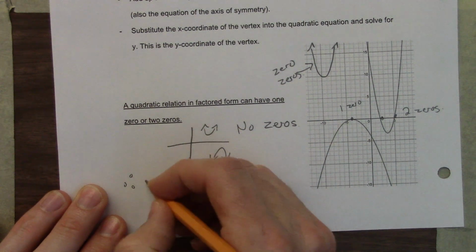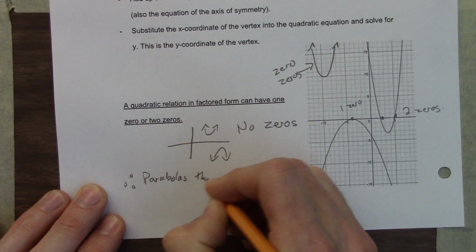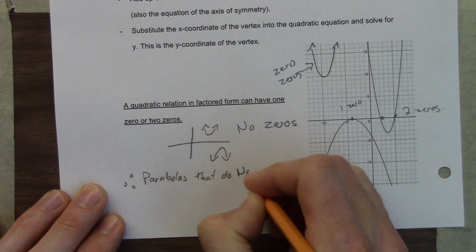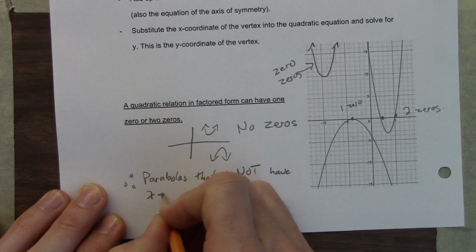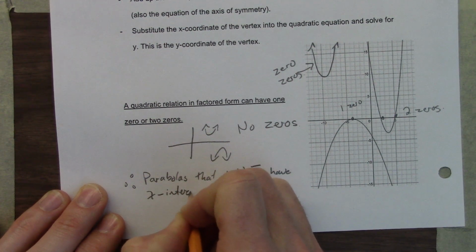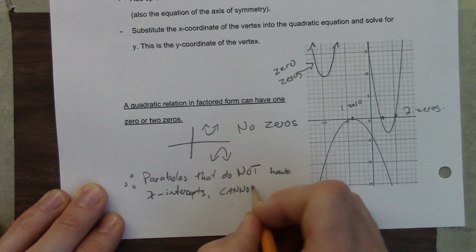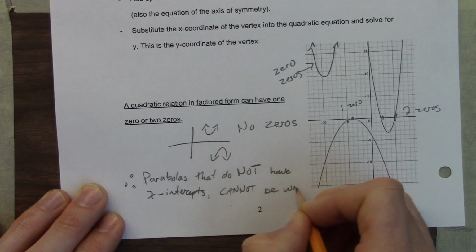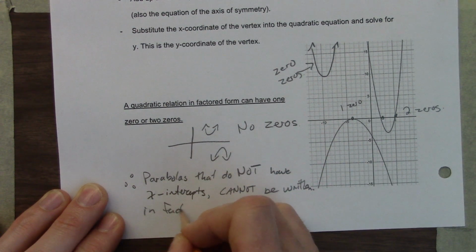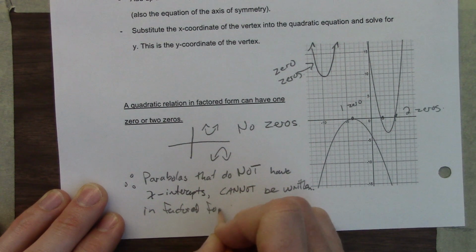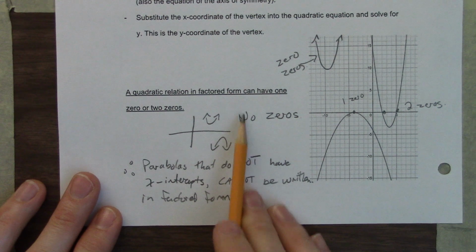Therefore, parabolas that do not have x-intercepts cannot be written in factored form. So you will never get a parabola like that in factored form.